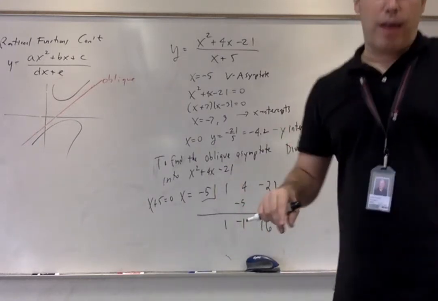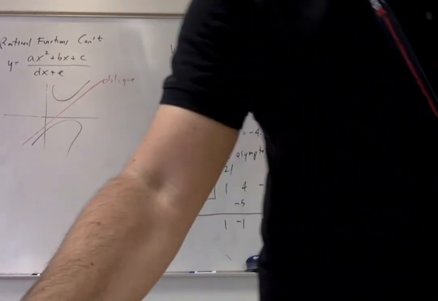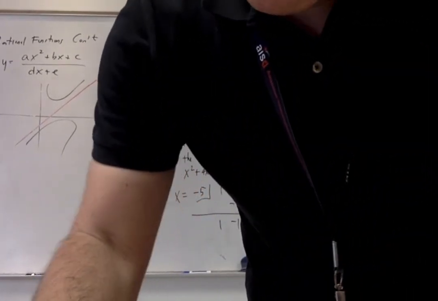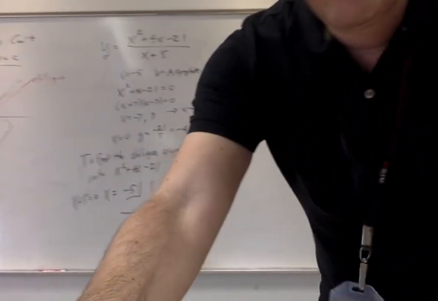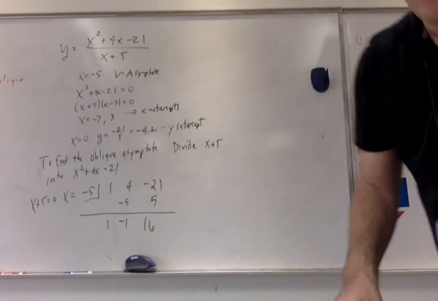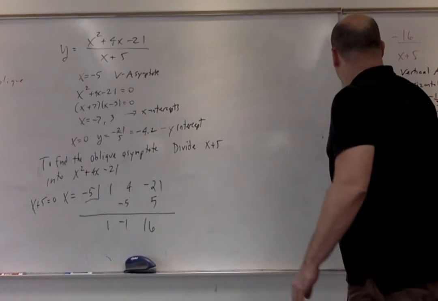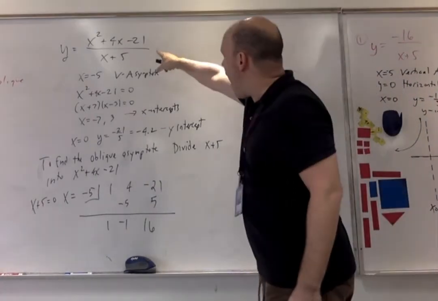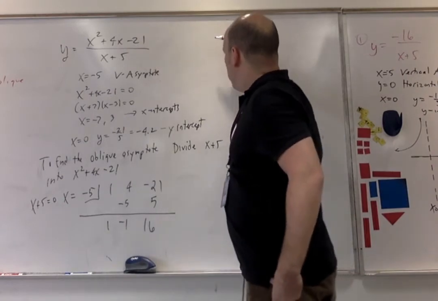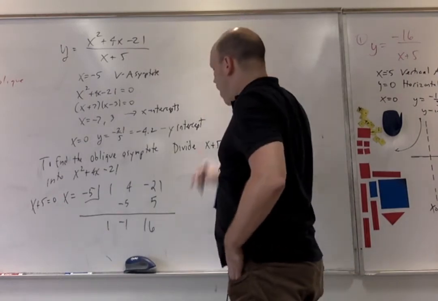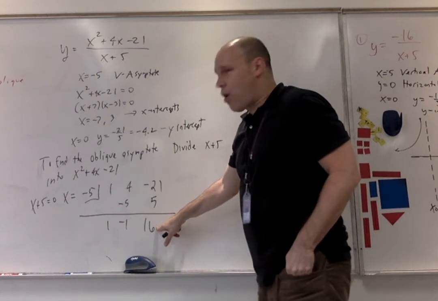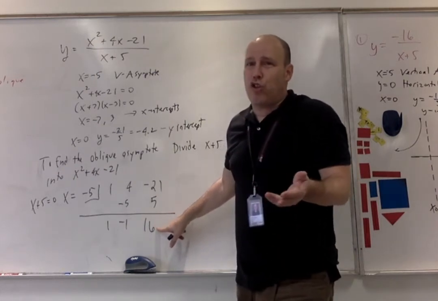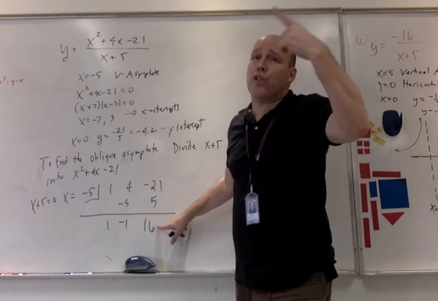It turns out, this is kind of cool. It turns out that we can rewrite this therefore as... So if you think about it, this is the remainder. When you were in like 3rd grade, what did you do? The remainder, you put it over the divisor.